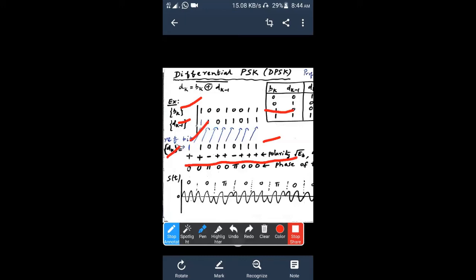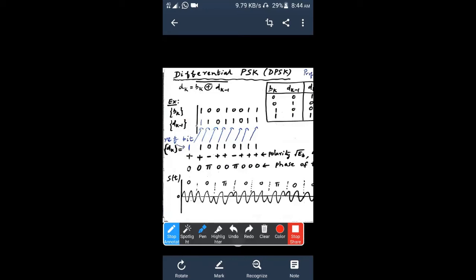When there is a bit 1, we make it plus root Eb. When there is a bit 0, we make it minus root Eb. Keeping that in mind, I have written here plus minus plus minus, where plus stands for plus root Eb and minus stands for minus root Eb. This is the output of the amplitude level encoder in the transmitter, right?